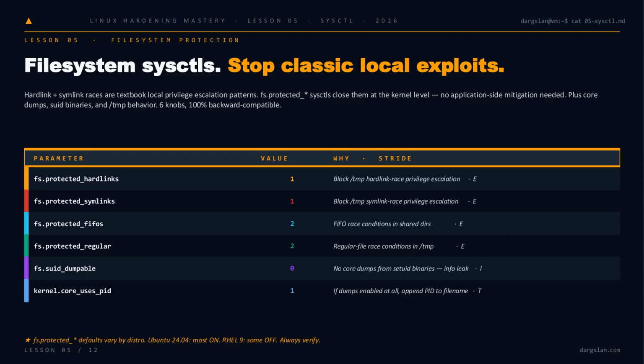Then fs.suid_dumpable to 0, no core dumps from setuid binaries, because those dumps are an info leak waiting to happen. And kernel.core_uses_pid to 1, so any dumps you do allow elsewhere don't clobber each other. 6 knobs, fully backward compatible, and worth verifying because defaults drift between Ubuntu and RHEL.